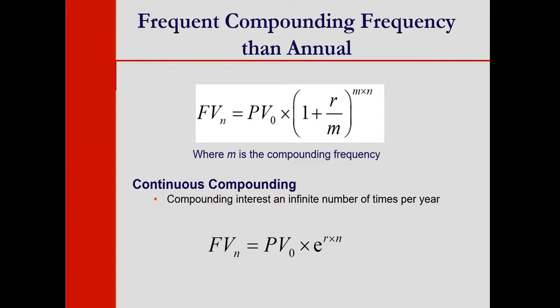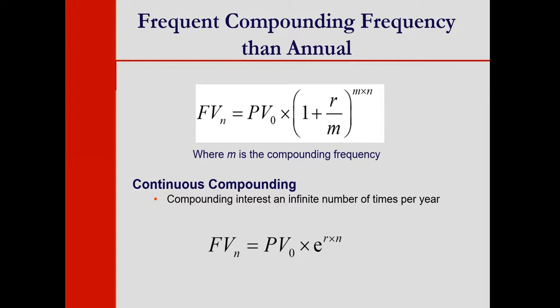So m here is the compounding frequency. For example, in case of semi-annual, how many semi-annual time periods are there in 1 year? 2. So the compounding takes place 2 times in a year.